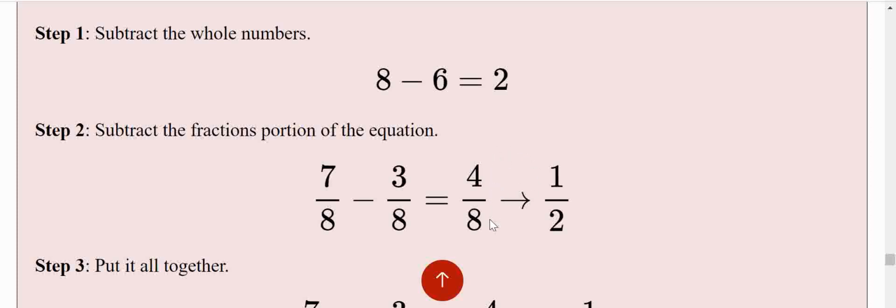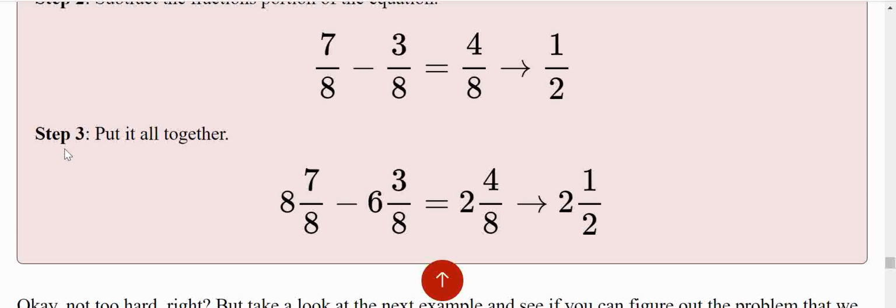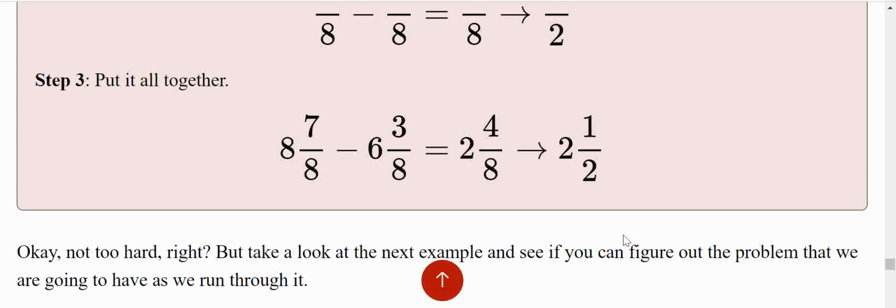The top and bottom by 4. Step 3. Put it all together. 8 and 7/8 minus 6 and 3/8 is equal to 2 and 4/8, and that simplifies to 2 and 1/2. Okay, not too hard, right?